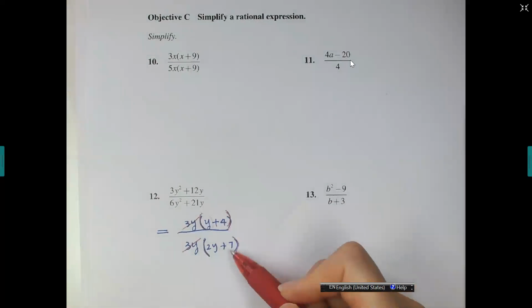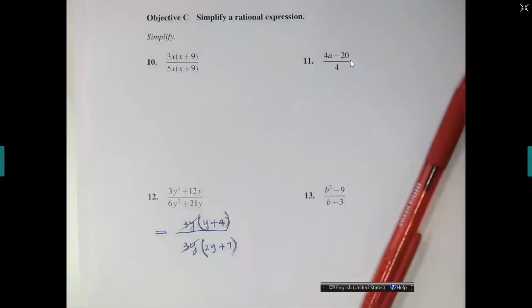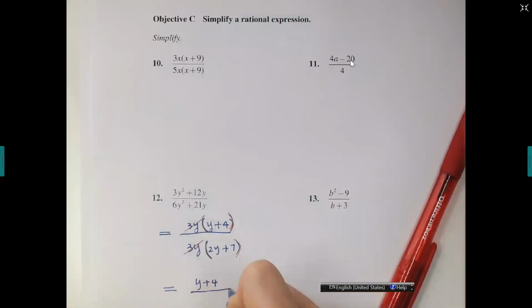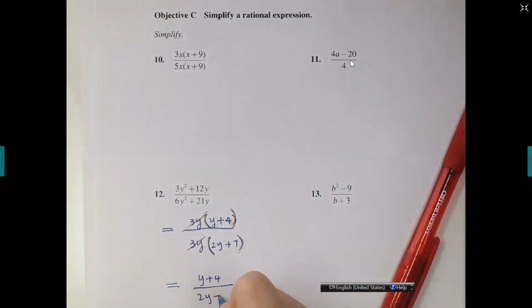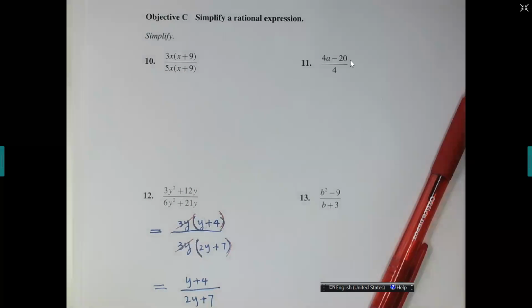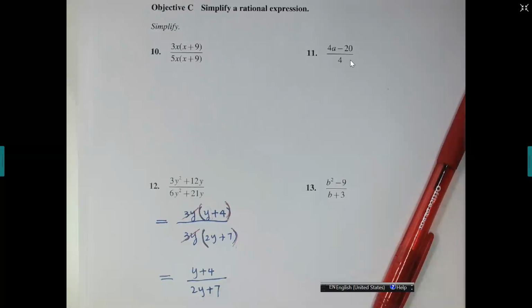Are those two factors identical? No, they're not the same. So those two factors stay. I have y plus 4 left on the top, 2y plus 7 left on the bottom, final answer.